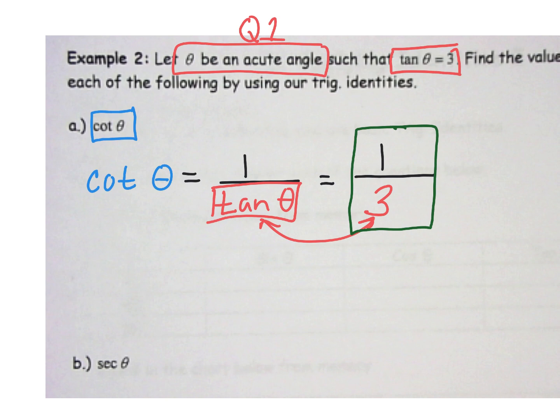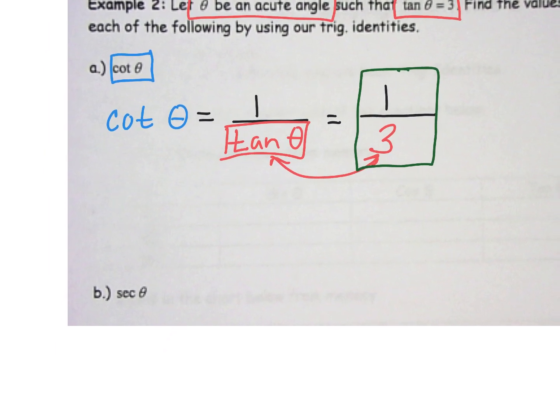Any takers on that one? Go ahead, Royce. 1 plus tangent squared theta equals secant squared. Amazing, yes. So 1 plus tangent squared theta equals secant squared theta. Is that what you were going to say, Bree? No. Everybody okay with that choice?